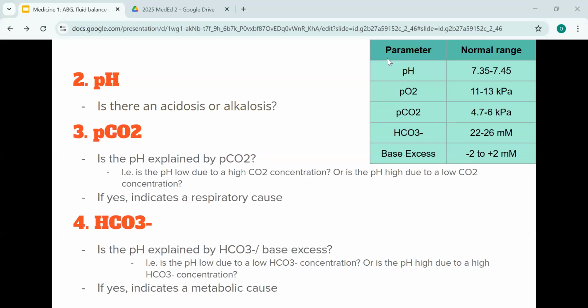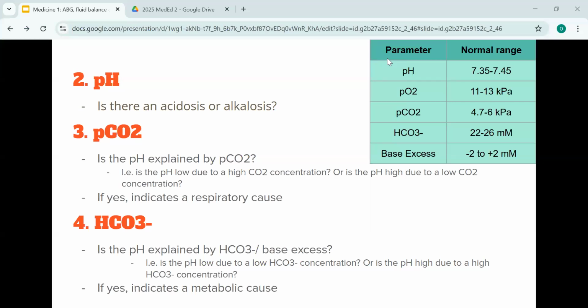So if you're in acidosis or alkalosis, either way, look at the CO2. If that's able to explain in a sensible manner why the blood is acidic, then it's likely a respiratory cause.